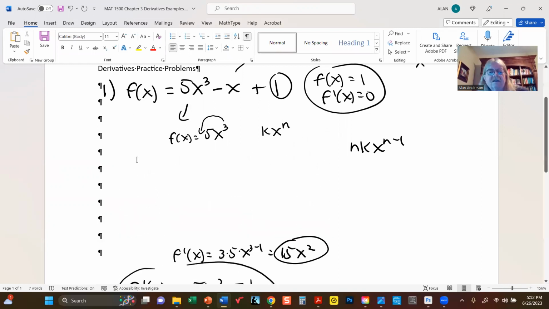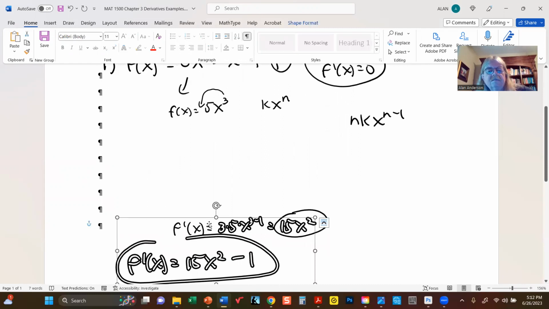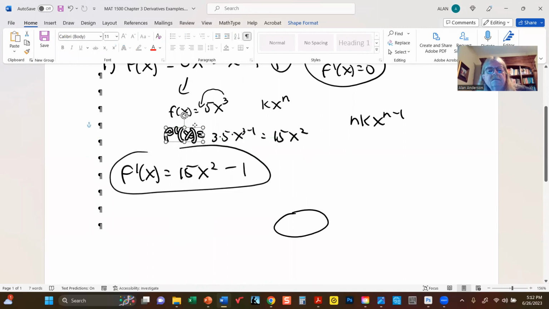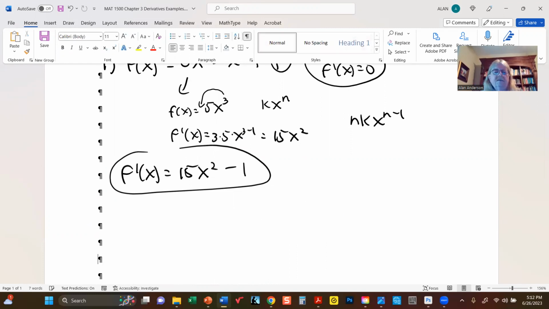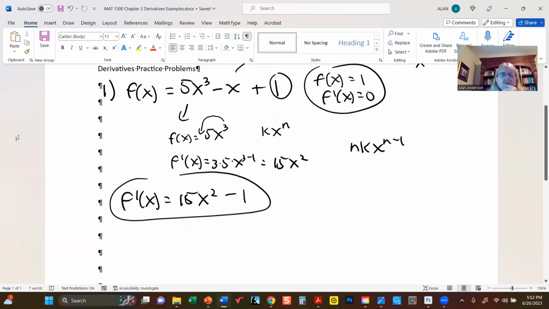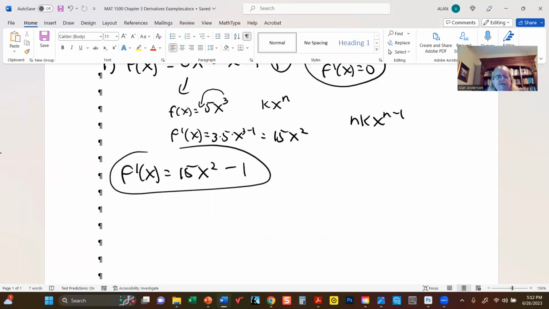Oops, I forgot one little detail here. All right, what's number 2? This time we have f of x, 8x to the 4th, plus 9x squared, minus 1.